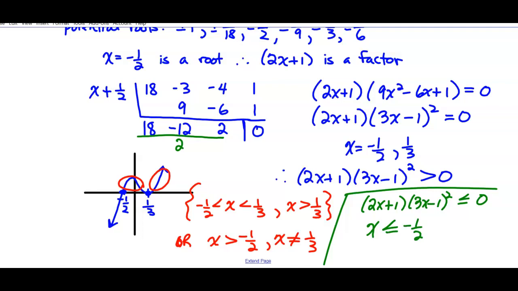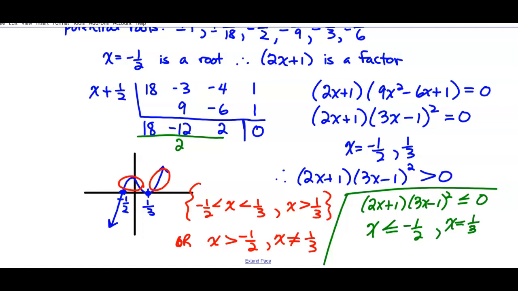And would I be done? No, what did I miss? Exactly. Because of that equal sign, I need to include that one dot there. Basically, it's everything that I didn't have before, because this is the opposite of this. So then you would say x equals 1/3. It would be all of that.